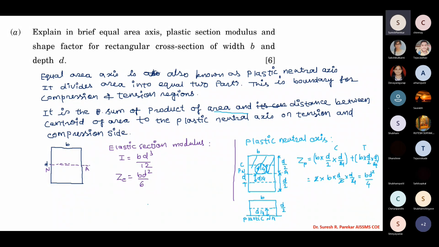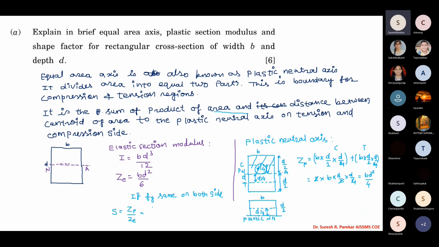And then we have, if Fy was same on both sides, that is on compression and tension side, then we have shape factor S equal to ZP upon ZE. If Fy is not same, then we have MP upon ME.